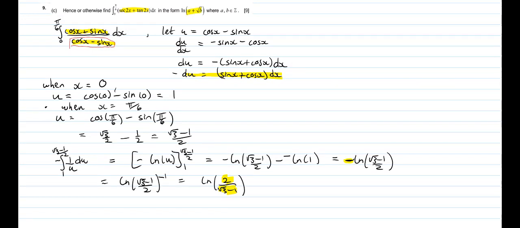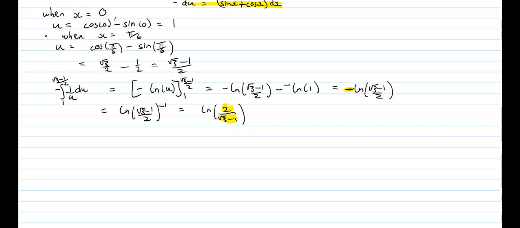So all we have to do now is rationalize the denominator for that 2 over root 3 minus 1. So 2 over root 3 minus 1 is equal to 2 over root 3 minus 1, just times top and bottom by root 3 plus 1.